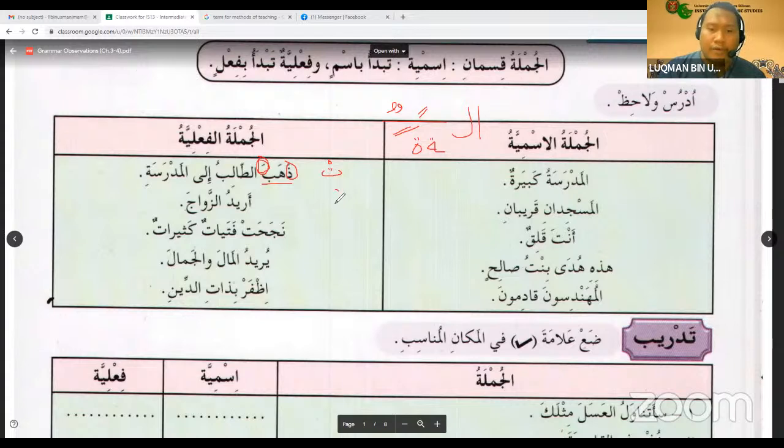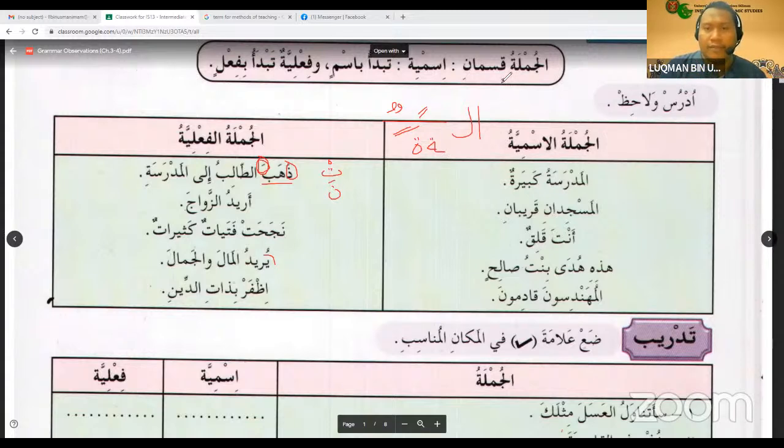Likewise, the noon of niswa. If it ends with a noon with a fatha, usually it's a verb. And many others. Always, if it starts with ya. So anyway, along the way, you will learn the signs of the verbs.